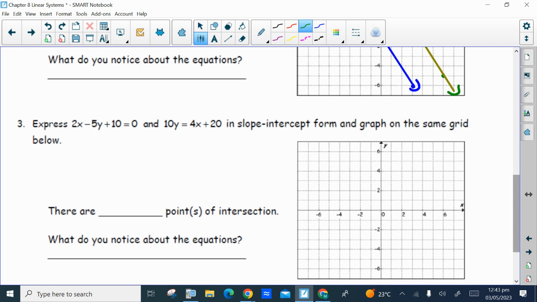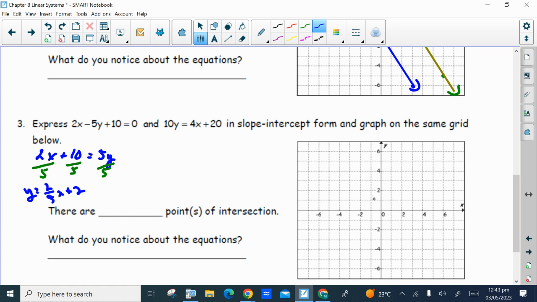Now, for number 3, again, we need to get both equations in slope-intercept form so we can graph them. For that first equation, I would start by adding the 5y to both sides, and then we would divide everything by 5. So y will equal 2 over 5x plus 2 when you divide everything by 5.